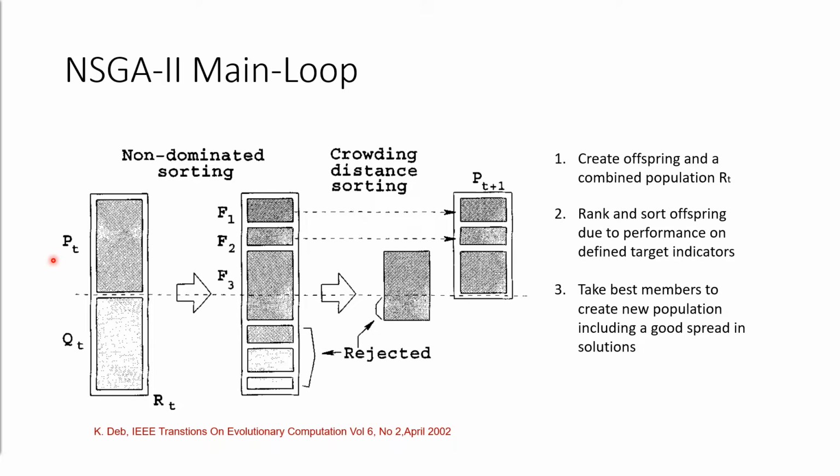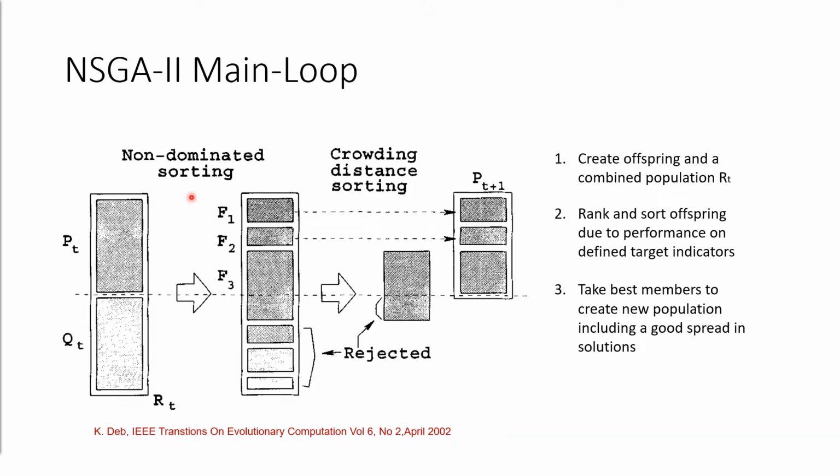Out of this existing population PT, an offspring population QT is created by mixing the genes of better performing individuals and causing mutations. The new population RT is therefore a population with twice the size of the parent population PT.